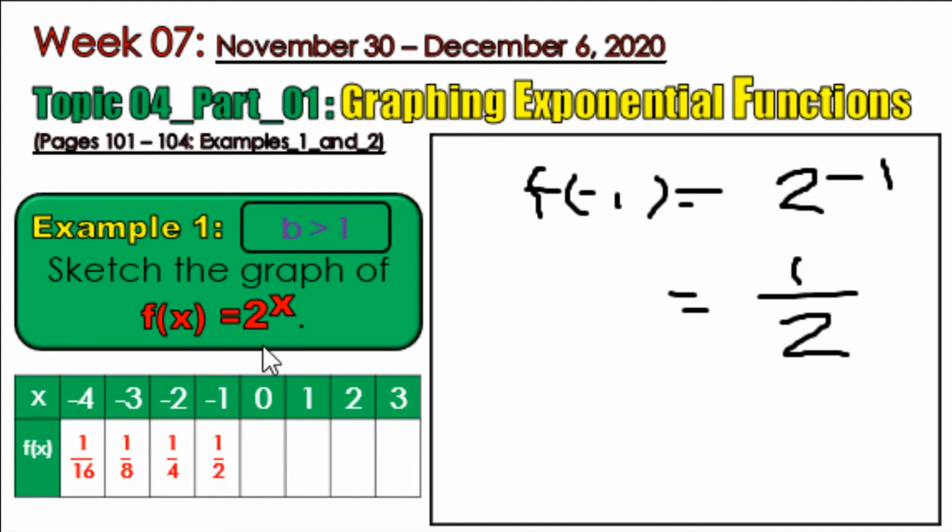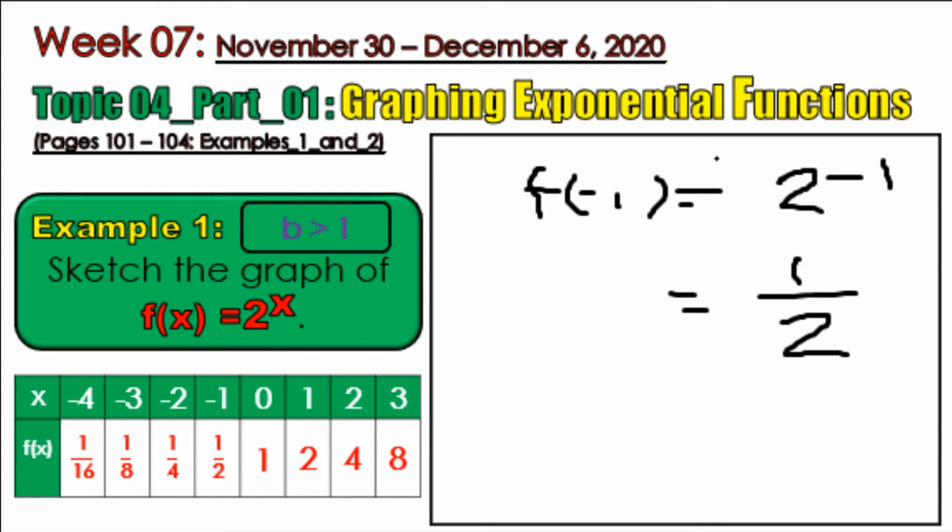Next, if we have 0, so 2 raised to 0, we will be applying the law of exponent for exponent equal to 0. Any number raised to 0 is always equal to 1 except for the base 0. So 2 raised to 0 is equal to 1. Next, 2 raised to 1 is equal to 2. If your x is 2, 2 squared is 4. If your x is 3, then 2 cubed is 8.